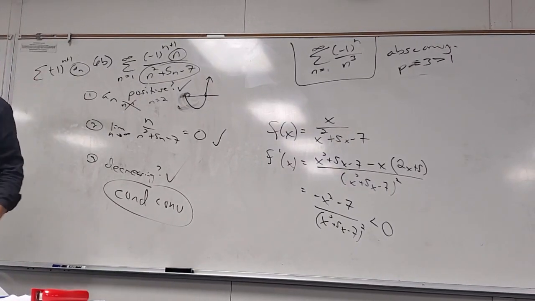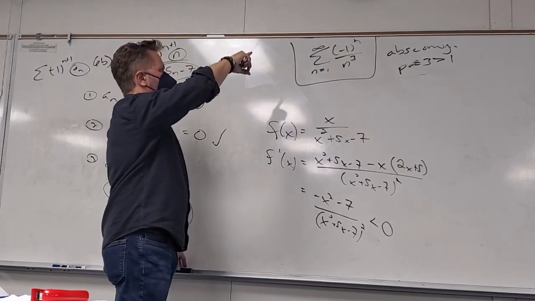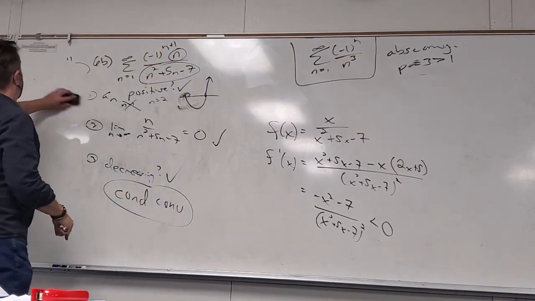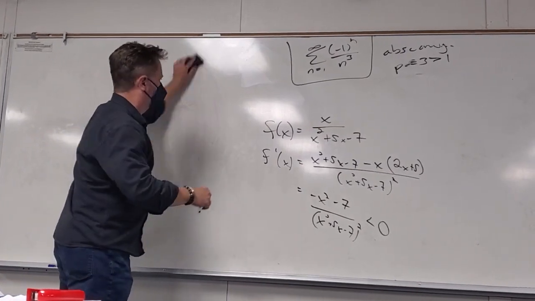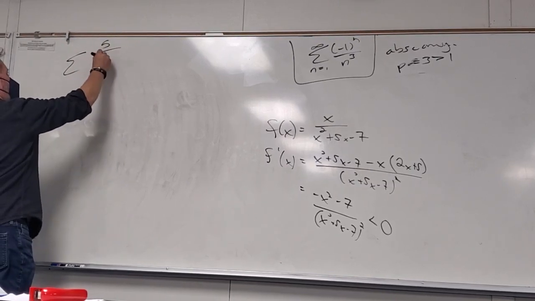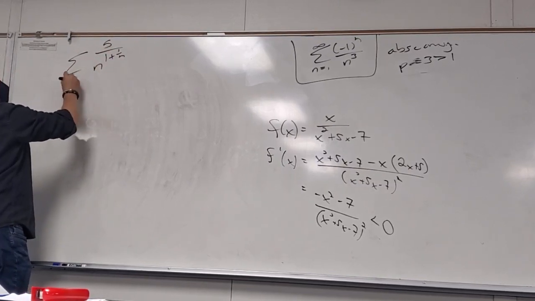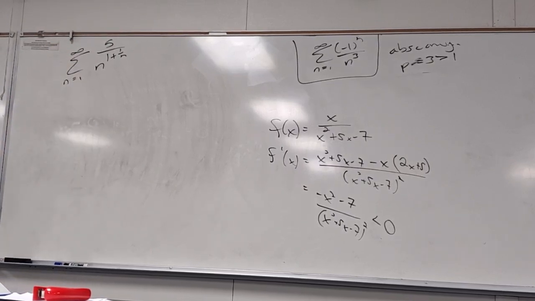Yeah. And then I did have a question. Oh yeah, we wanted to do that other one, right? Yeah. 5 over n to the power 1 plus 1 over n. Yeah, this one's cool. I'll let you do it, but it didn't come out to be what we talked about, so I got a little confused when we did it. It was divergent?